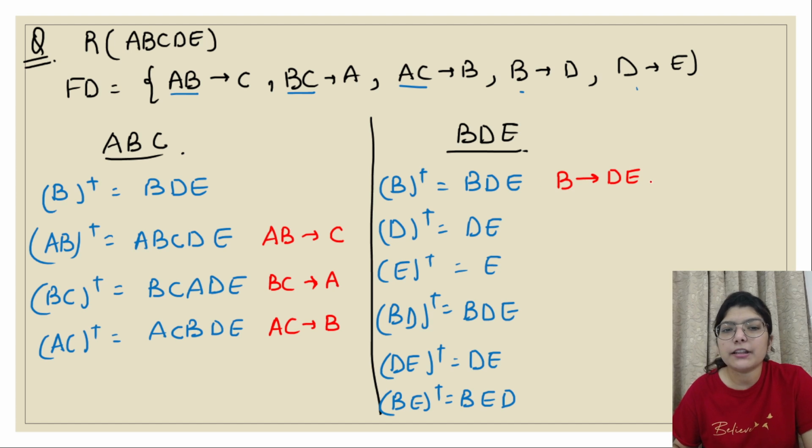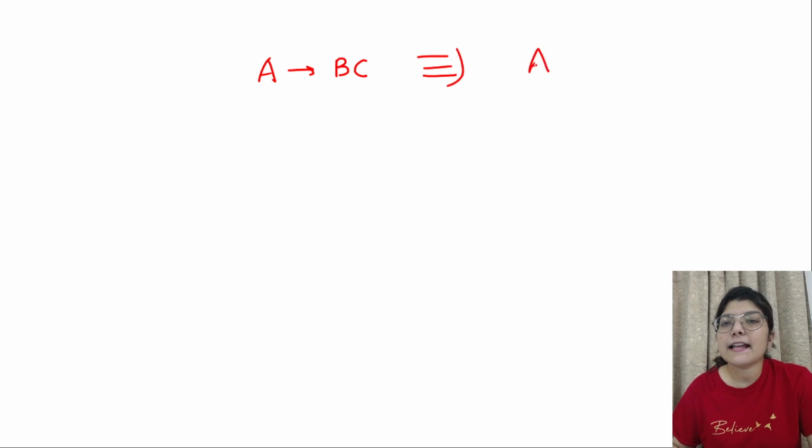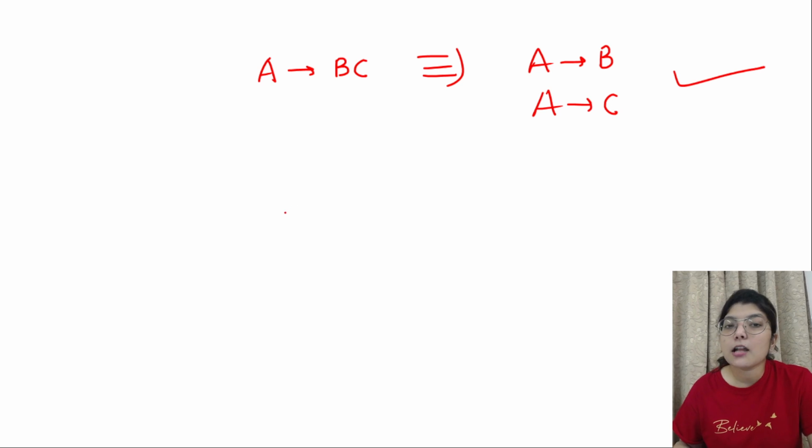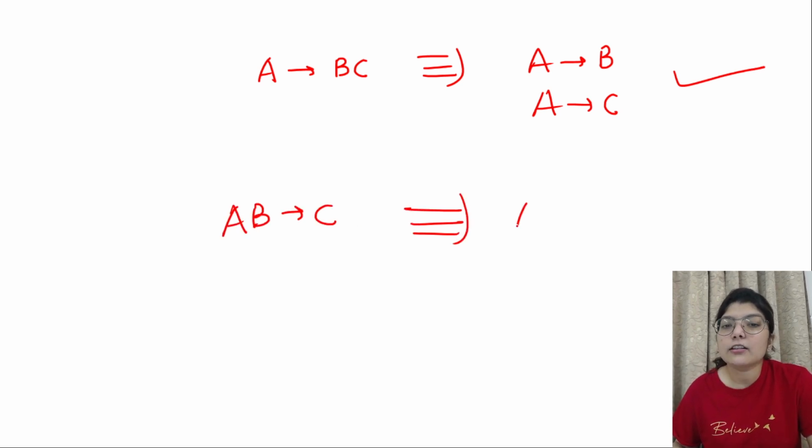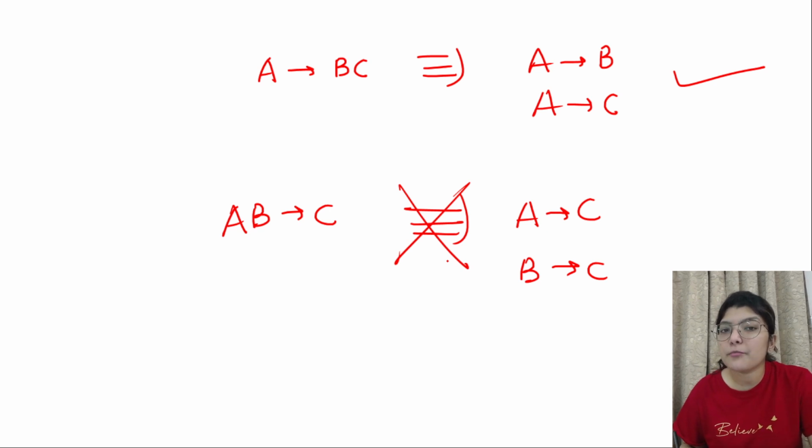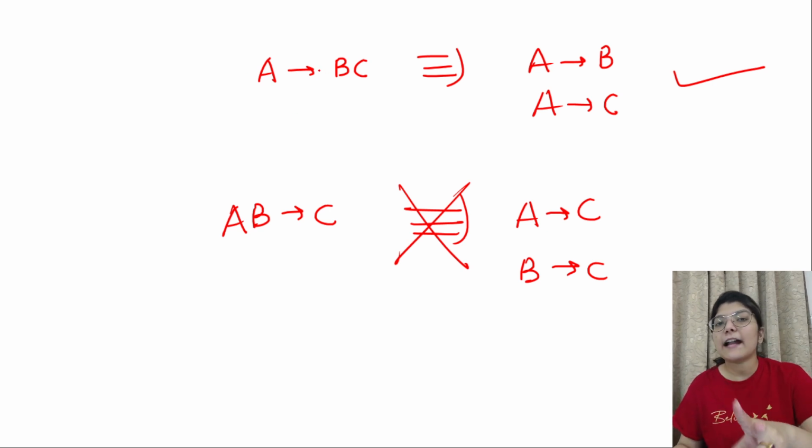Instead of B to D, E, I can write B to D and B to E, because if you remember, you should know this: if you have A to B, C, this can be written as A to B and A to C. This is correct. But if I have AB to C, I cannot write it like this. This is not the correct way. So always remember this. If you have two attributes on the right hand side, you can break those two attributes.